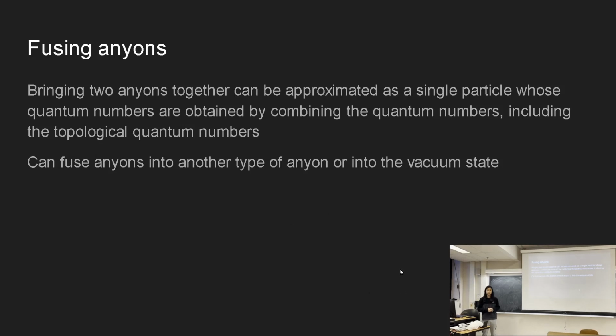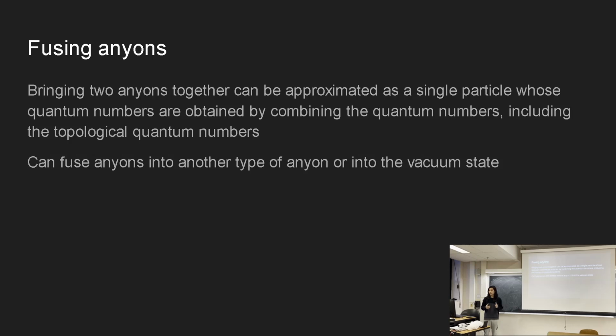Another important property of anyons is that you can fuse them. If you bring two anyons close together, you can approximate them as one single anyon, and you basically combine the quantum numbers and topological quantum numbers. That's called fusion.